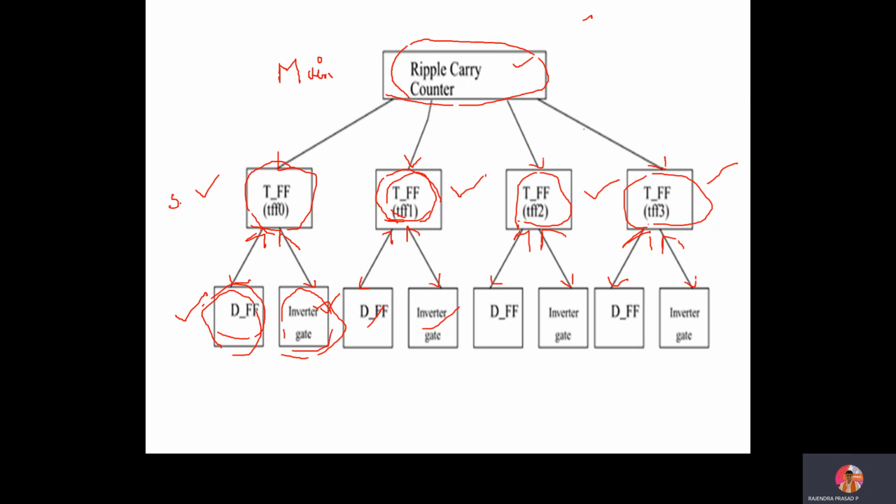We call this a sub-program, or here we call it a sub-block. And this sub-program will again call a function for the D flip-flop, and it will call a function for an inverter. So this is how I'm going to write a program for the top-down approach or the bottom-up approach.